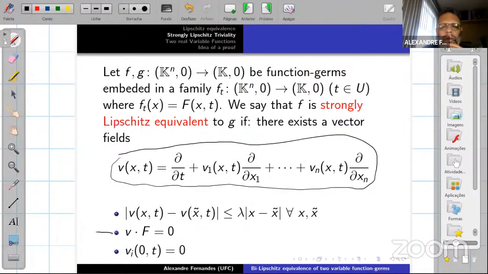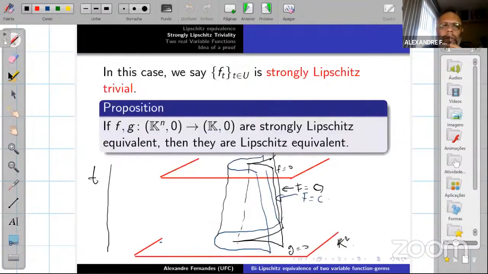This means our vector field is tangent to the fibers of the family, this equation. Then our vector field is tangent to all the fibers, the special and the generic fibers.